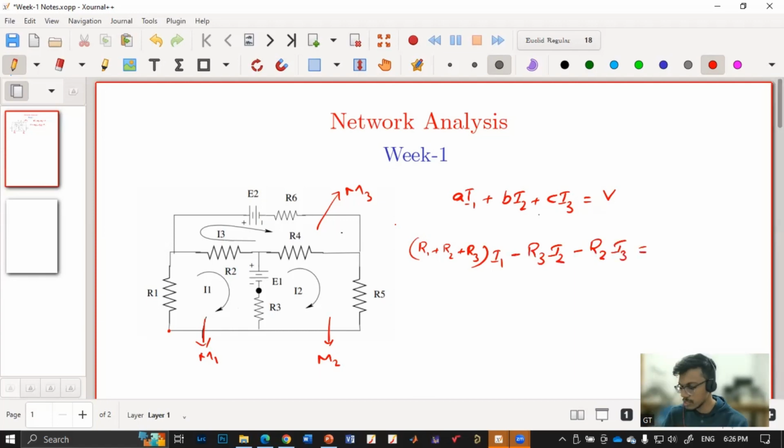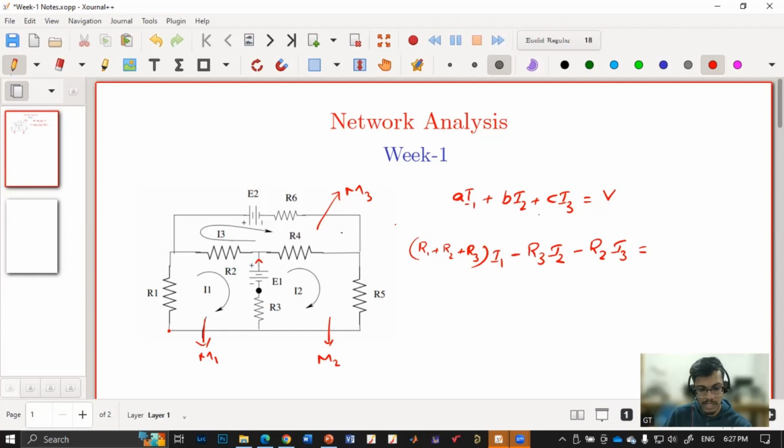Now coming to the voltage, we have to check within that mesh whether there is any voltage source, and whether that is providing the current or taking the current. So here E1 is there. If it is supplying the current, then the current direction should be like this. But I have considered the current in a way that it is entering the source.